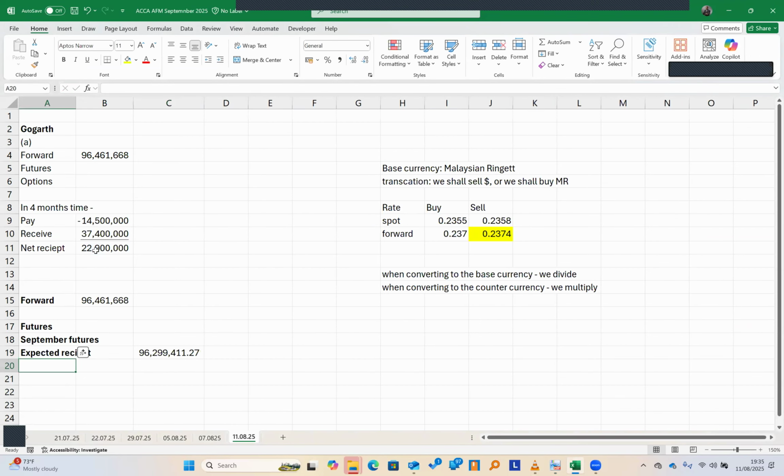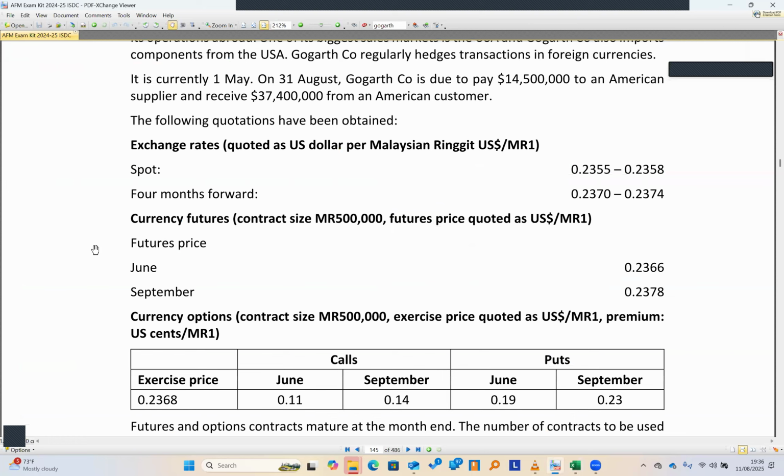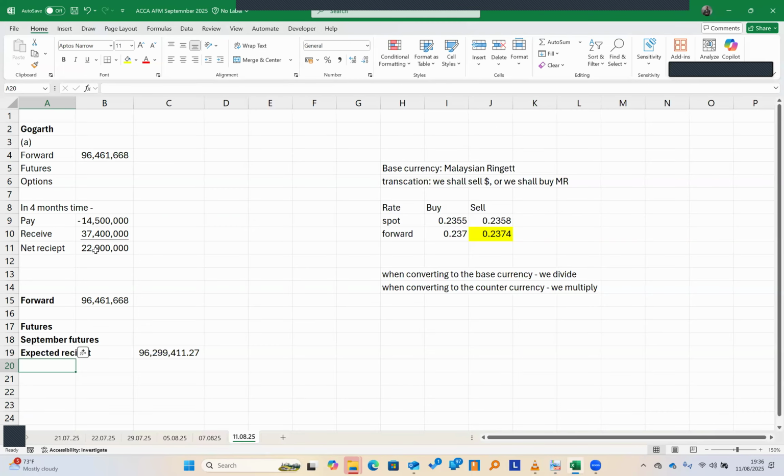But that is what would have happened had you bought the September futures and the transaction happened on the last day of September. But remember, ours is happening on that 1st August. So there's going to be some kind of basis that you need to account for.